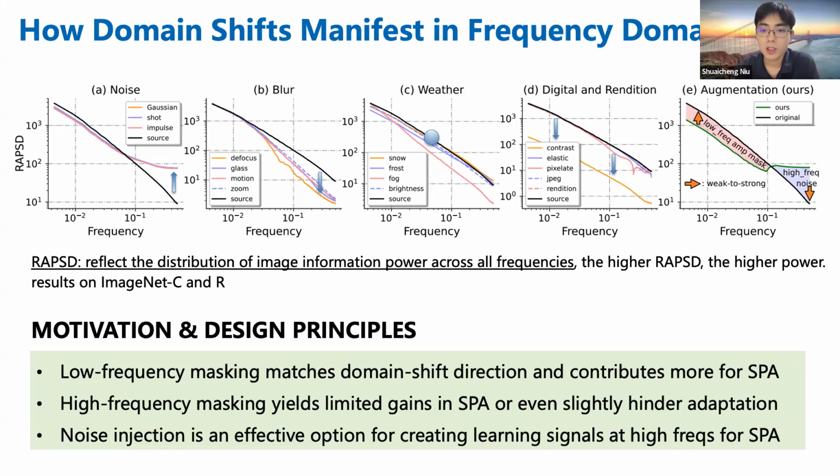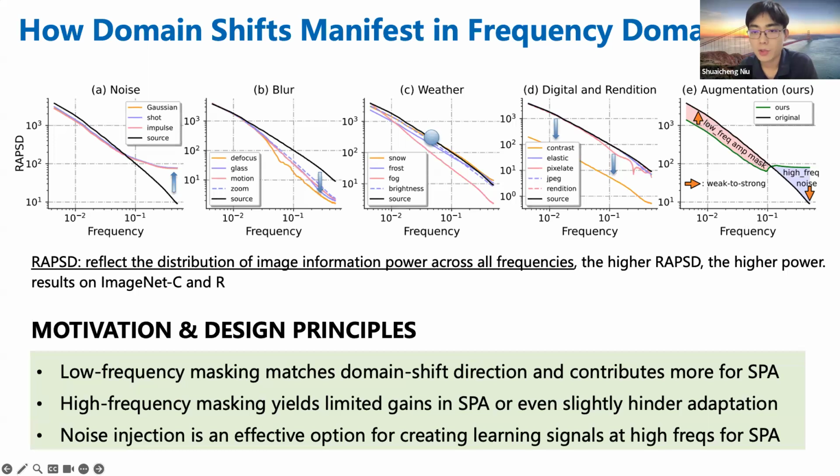Moreover, the low frequency mask direction also often aligns with the domain shift direction. That is, both the low frequency mask and the domain shift on many corruptions decrease the RAPSD. So this is the same direction.